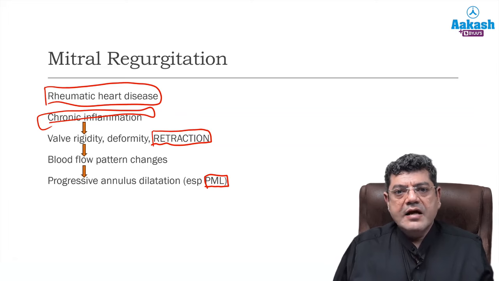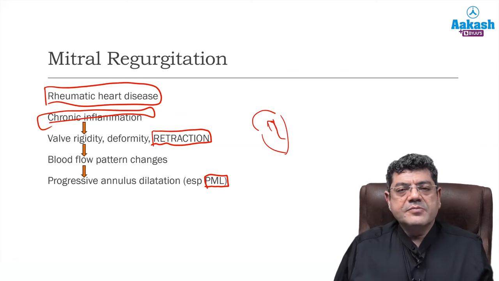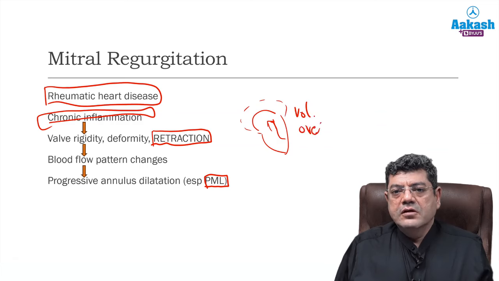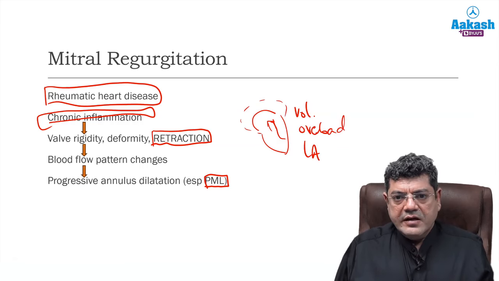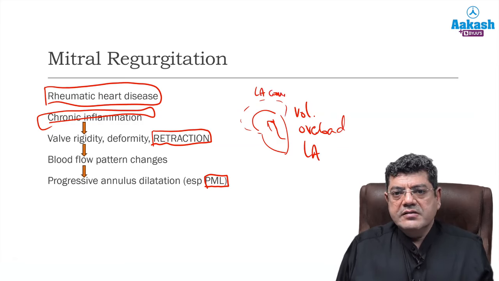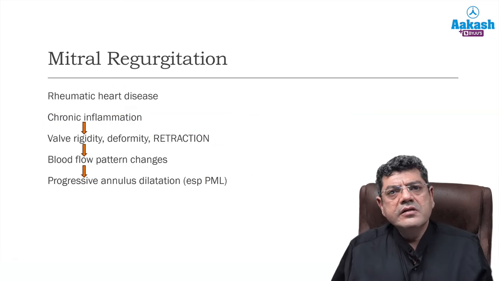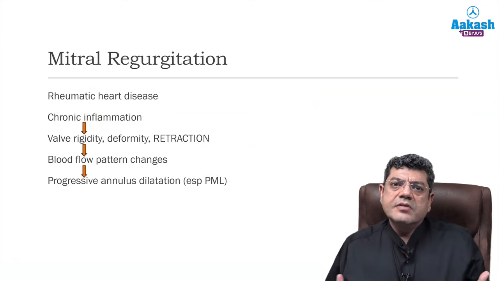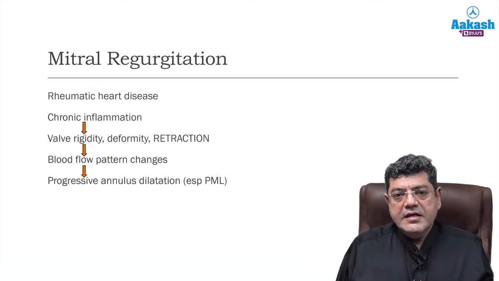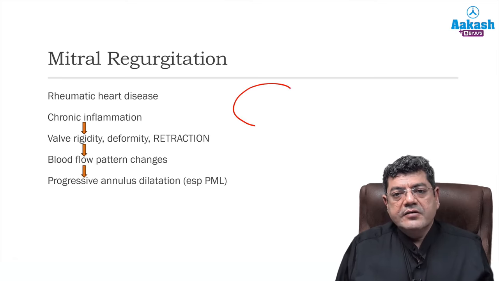And see what's going to happen is that when the left atrium empties into the left ventricle, a lot of the jet comes back gradually. So it's a volume overload for the left atrium. Gradually left atrial compliance will increase. How will the left atrium increase its compliance? By increasing in size. So the left atrium gradually keeps on enlarging.